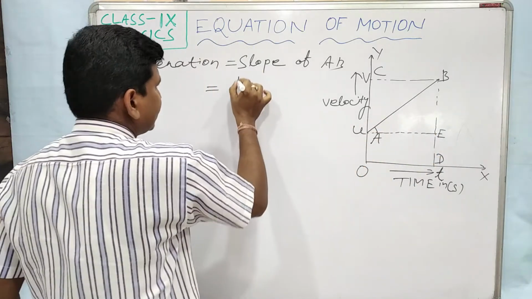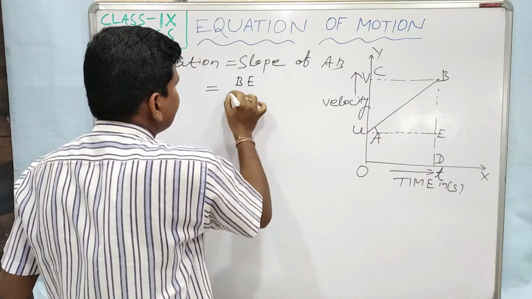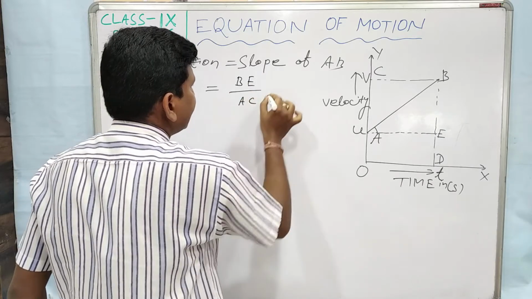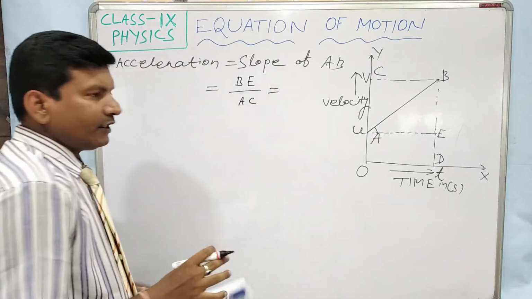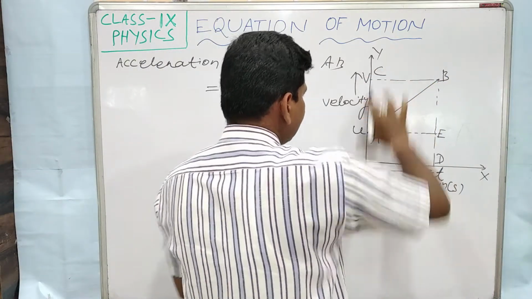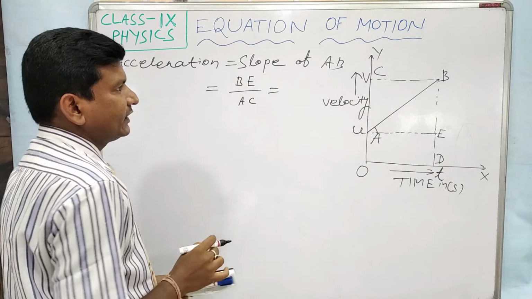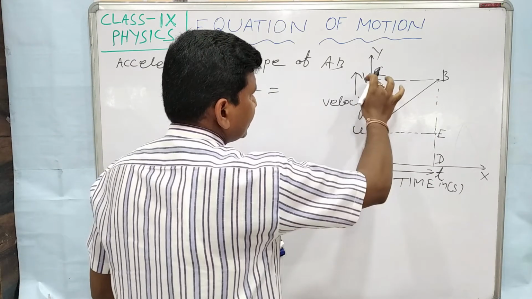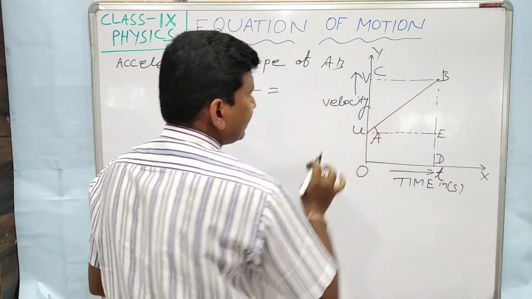Now write down that BE divided by AE is equal to... now how can you find the value of BE? BE will be found from the velocity axis. Here this is the final position, this is the initial position.